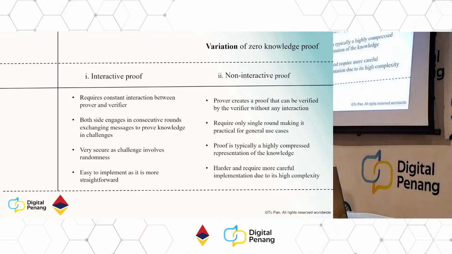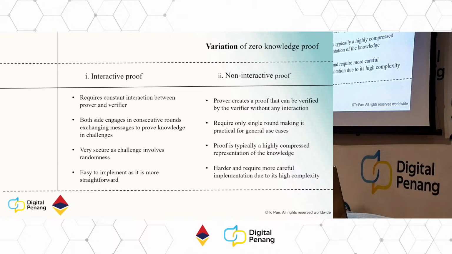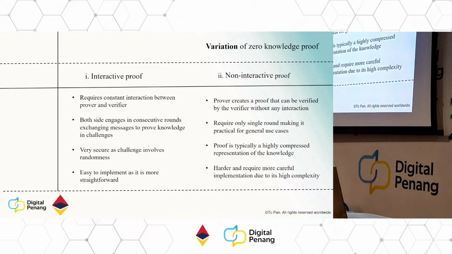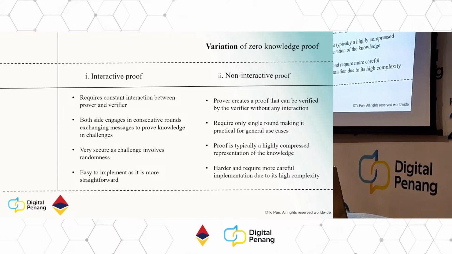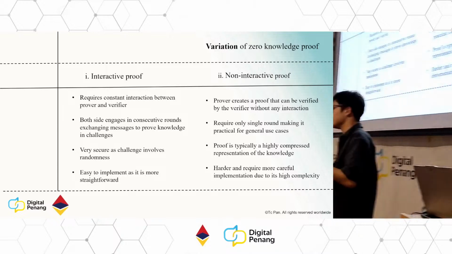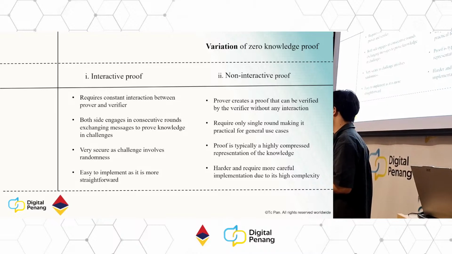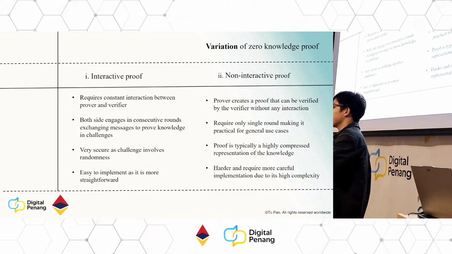The first one is interactive, and the second is non-interactive. The interactive one requires constant interaction between the prover and verifier, meaning there might be multiple rounds involved in the proving process. It's very secure as the challenge involves randomness, and it's easier to implement as it's more straightforward. But it's not that practical because it requires multiple rounds.